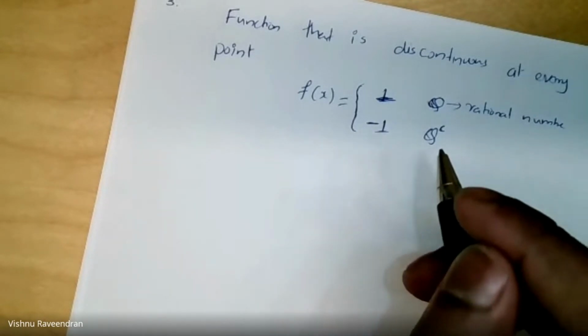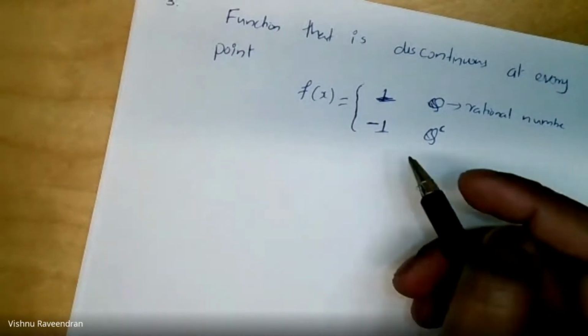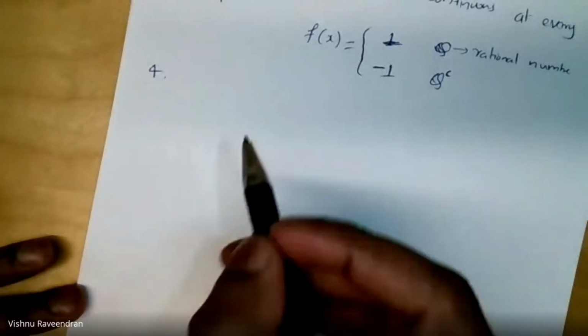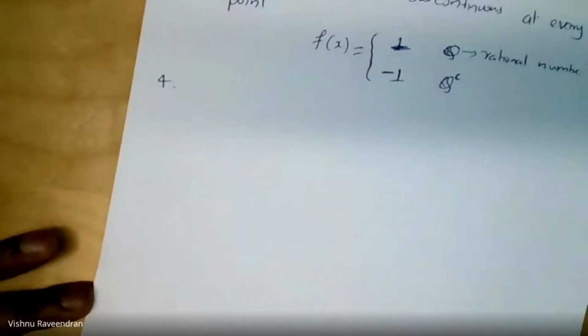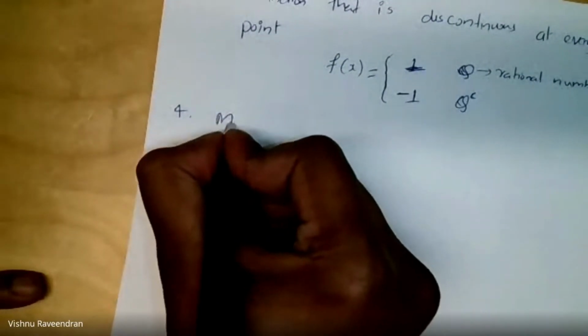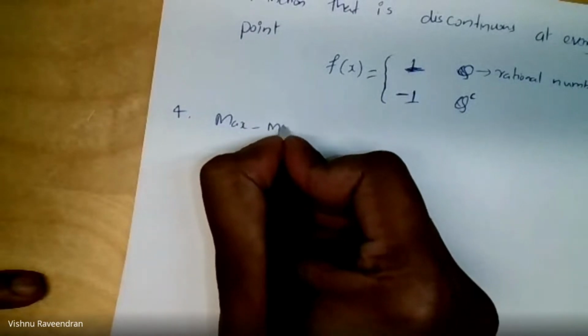Okay. So now some of the important theorems. I will not discuss the proof of the theorems, but we need the statements to do the problems. So one is the maximum minimum theorem.